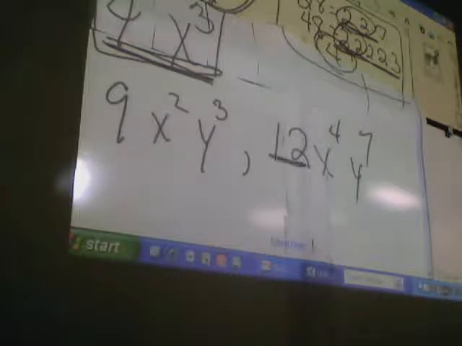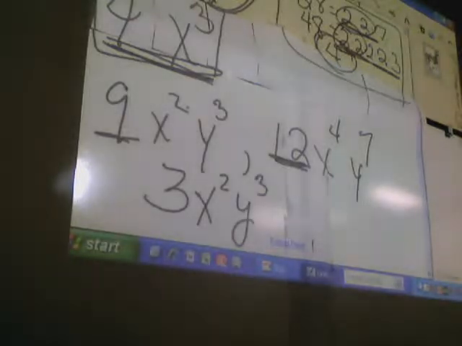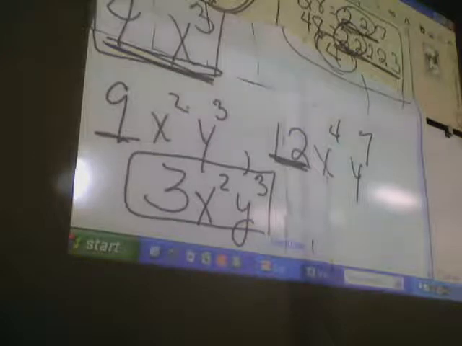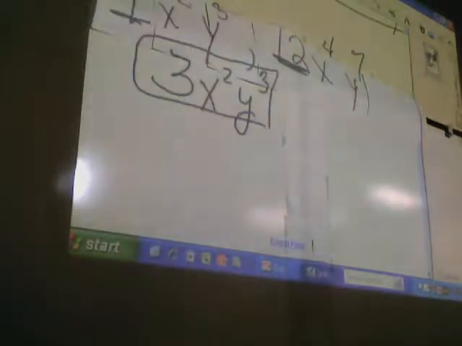The 9 and 12, 9 won't go into 12, but they both divide by 3. So that greatest common factor would be 3, and for the x and the y, take the smallest one. Squared and 4, the 2 is the smallest. 3 and 7, the y would be 3. Okay?